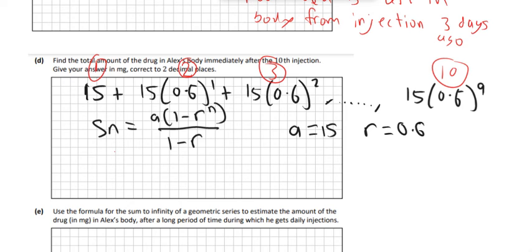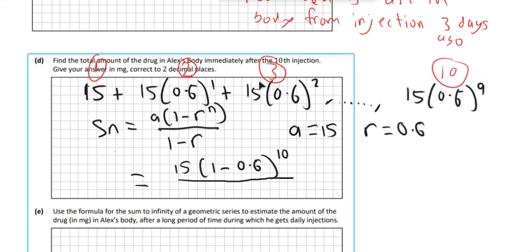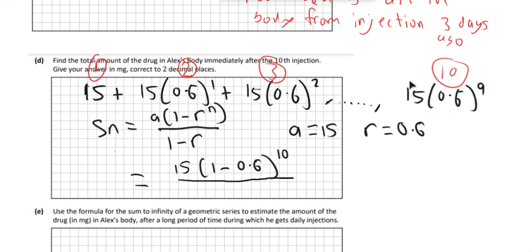So if you just sub it into the formula, then you get 15 times 1 minus 0.6, and then the n here, you just have to be careful, it's going to be 10, because we want the sum of the first 10 terms. We don't want the sum of just the first 9, even though the power there is 9 at the end. We want the sum of the first 10 terms, and the 10th term is that 15 times 0.6 to the power of 9.